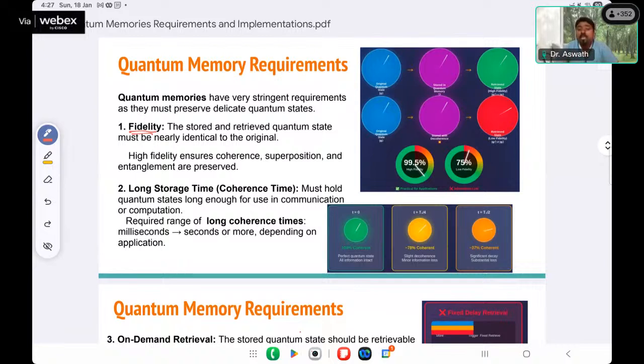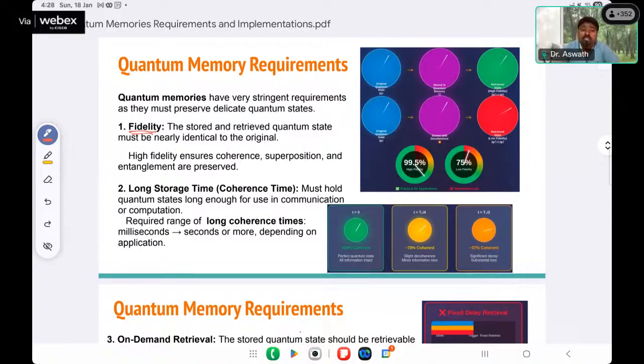The same thing: I create some information in a superposition state, put onto some qubits, it travels some distance, and later when I try to retrieve, it should give me the same information.